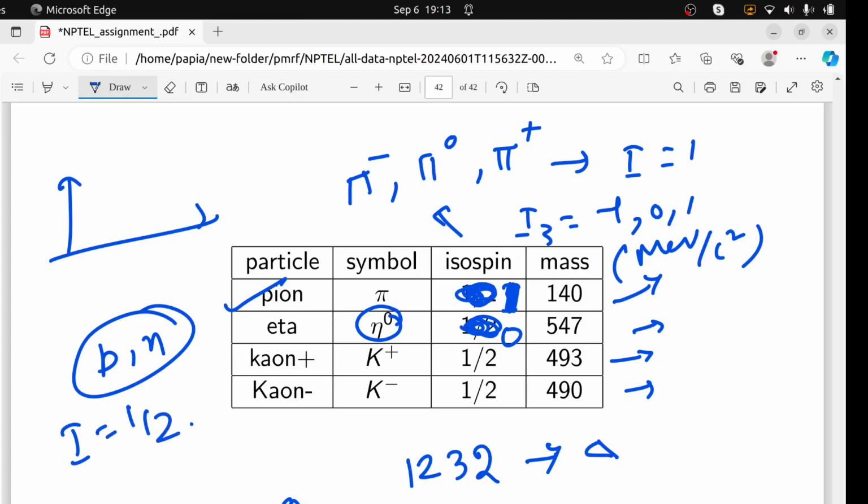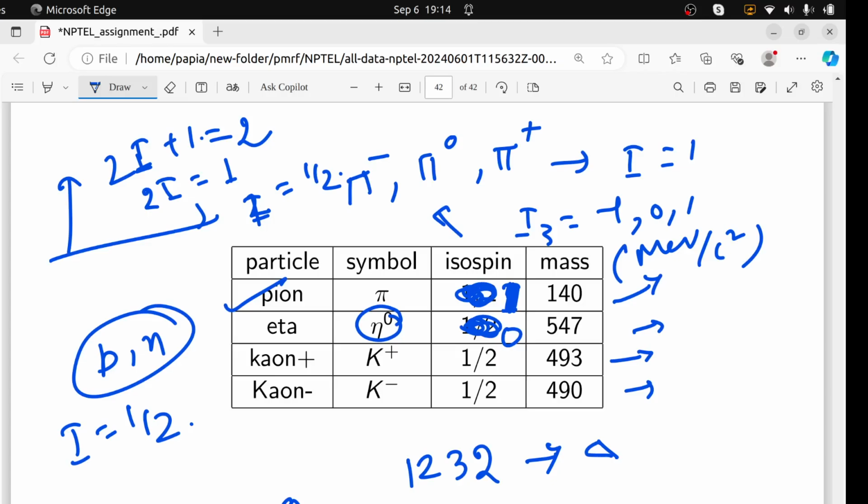How can we say that I will be half? Because 2I plus 1 should be the number of family members. If proton and neutron are in that family and there are 2 members, then 2I plus 1 should be 2. So 2I will be 1 and I will be half. Family member means the same isospin should be there.